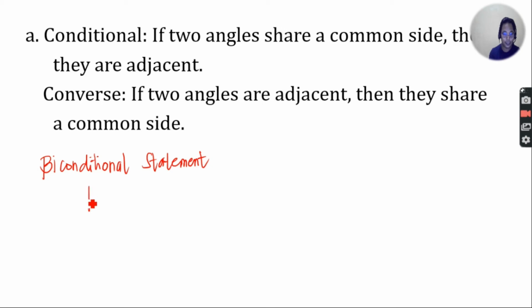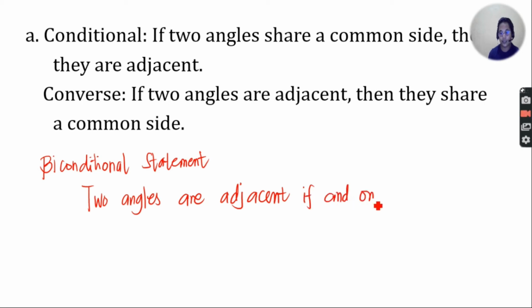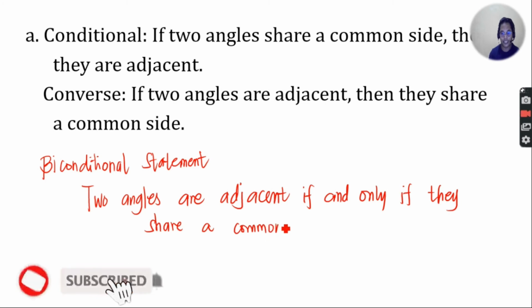So, we have: two angles are adjacent if and only if they share a common side.